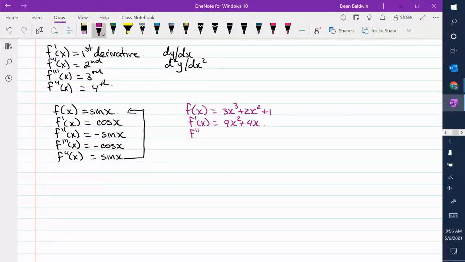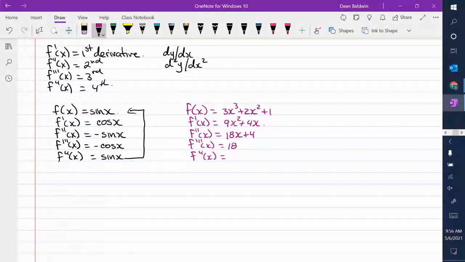And then if I ask for f double prime, you get 18x plus 4. And if I asked for third derivative, would be 18. And if I asked for the fourth, you would tell me, what's the derivative of 18? 0. And then everything after that would be 0. So polynomials will always go to 0 if you just keep taking the derivative enough times. Okay.